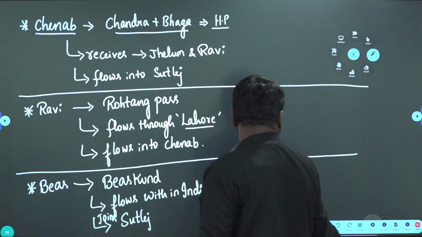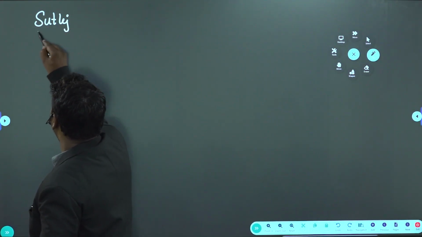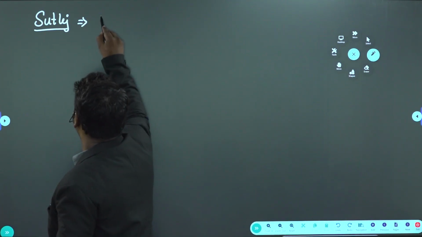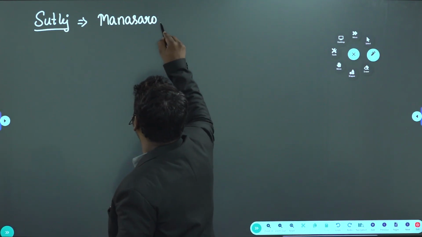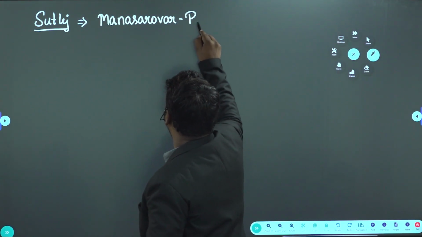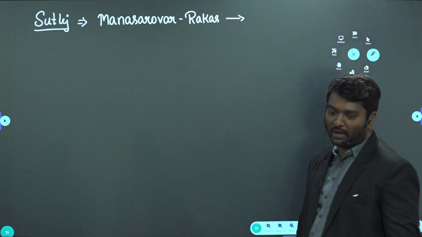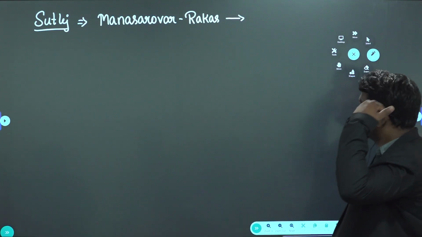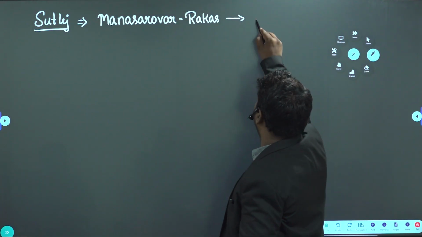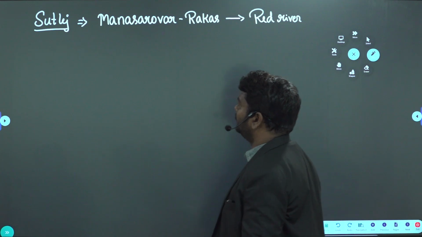Last. One of the longest is Satluj. Originates from Manasarovar Rakas. In that region it is known as Red River.